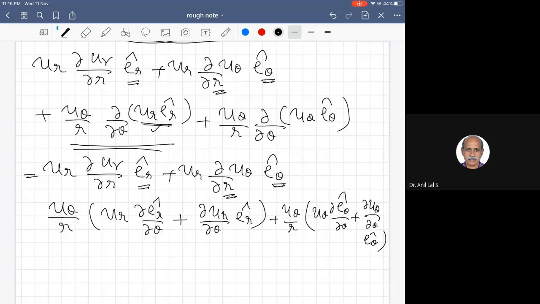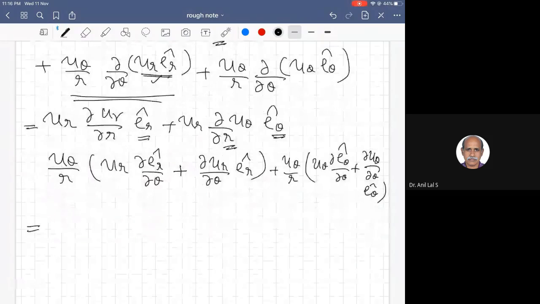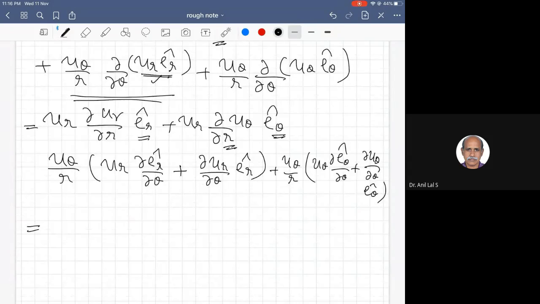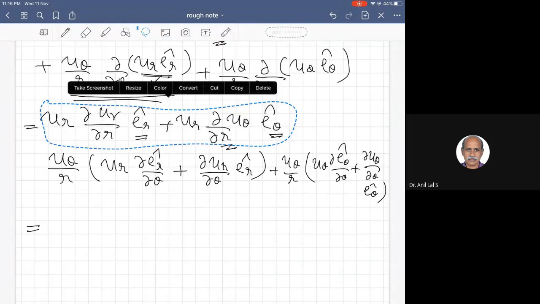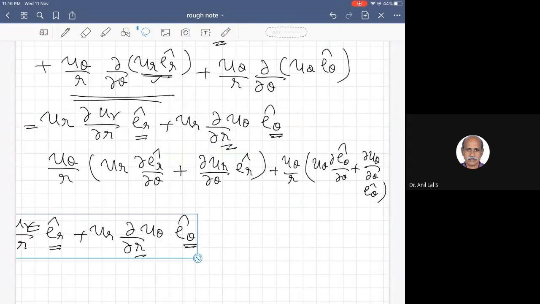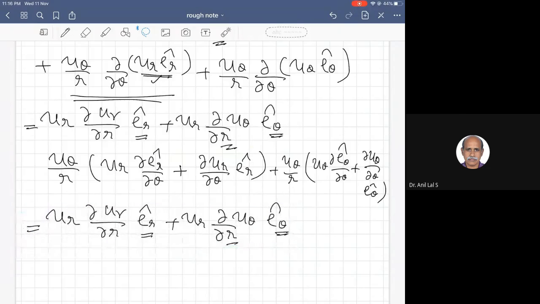So again, this time I paste, okay, so again the copy. So this is u theta into ur by r, dou er by dou theta, and that result is e theta.